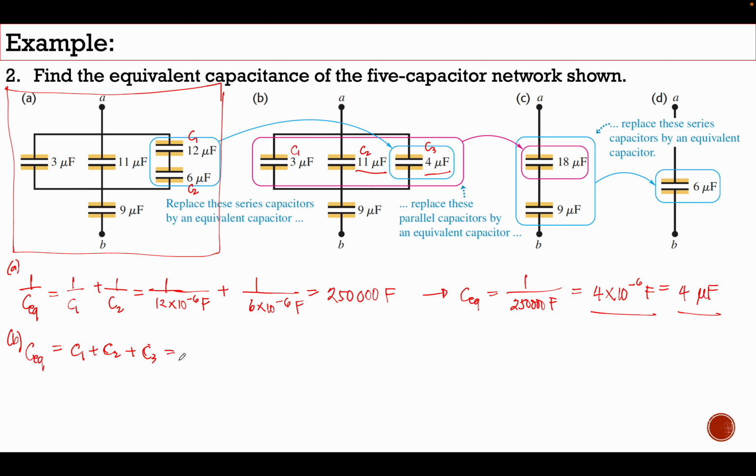Let's have it as our C1, this is our C2, and this is our C3. Okay, so we have 3 microfarads, or 3 times 10 to the power of negative 6 farad, plus 11 times 10 to the power of negative 6 farad, plus 4 times 10 to the power of negative 6 farad.